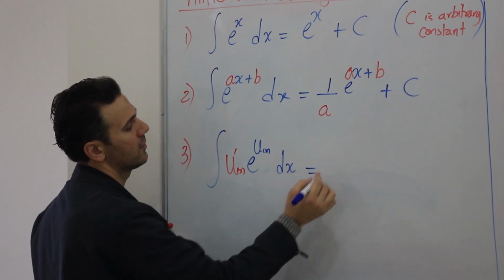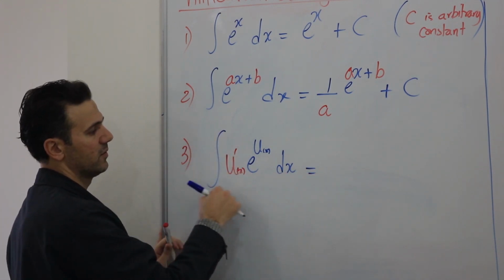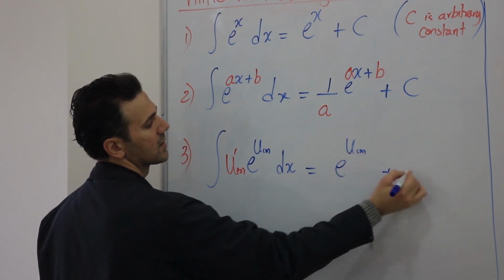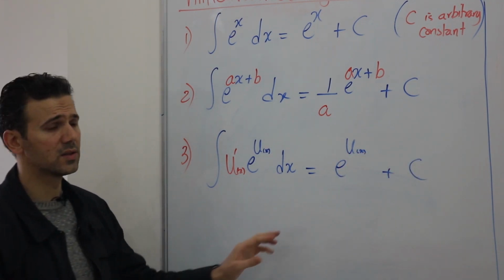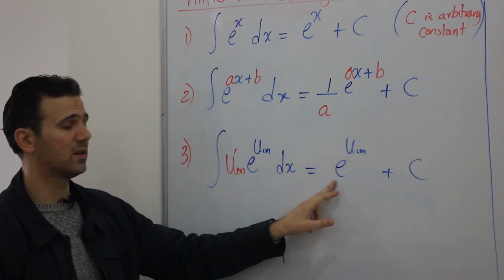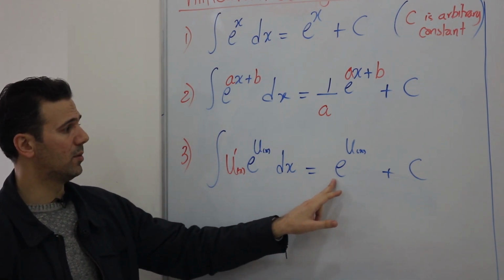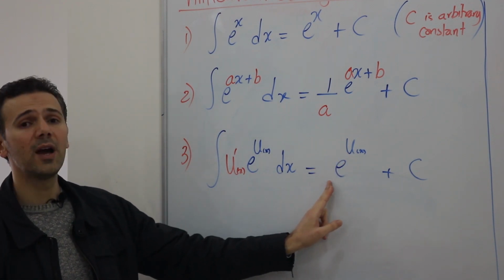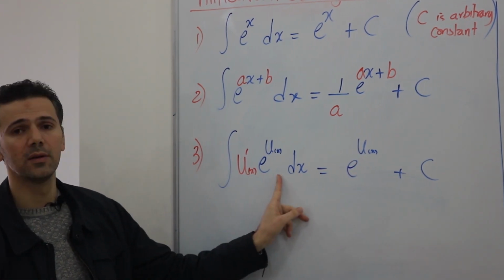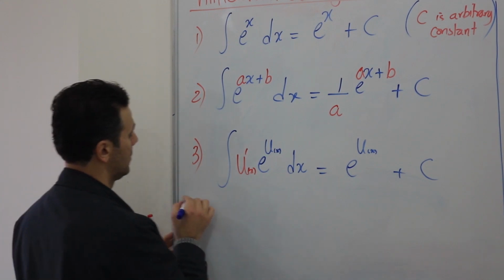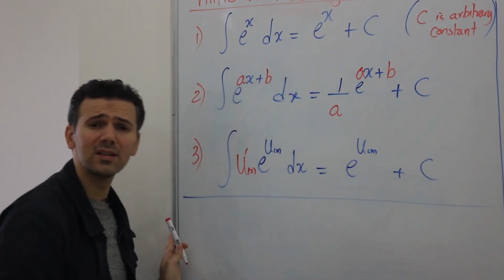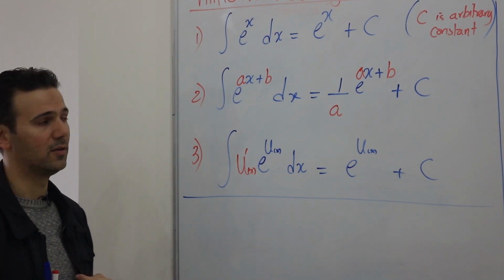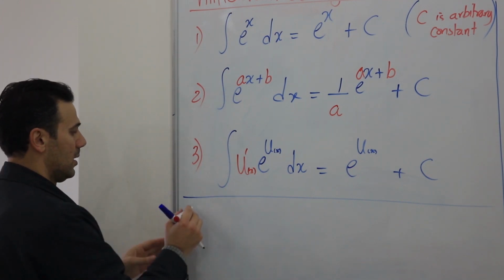Okay? The antiderivative of this will be e^(u(x)) plus c. If you check this, if you take the derivative of the right side, as the rule says, it will be u prime e^u, and this is it. Clear? Let's do some examples on these cases, and the lesson will be finished by this. Examples.